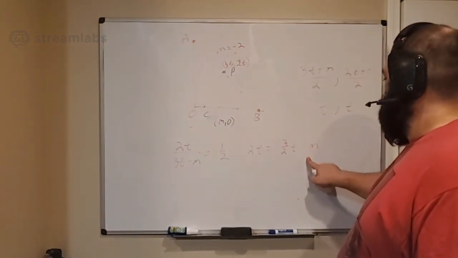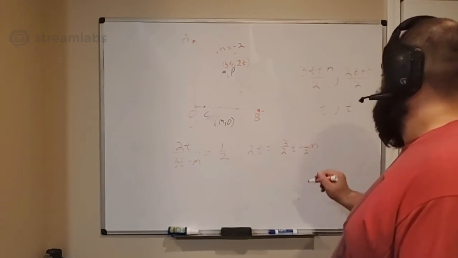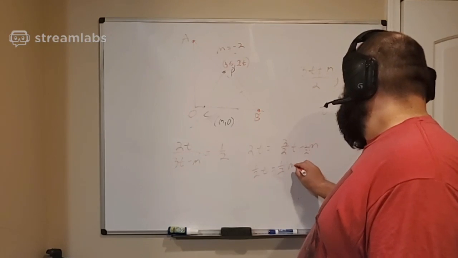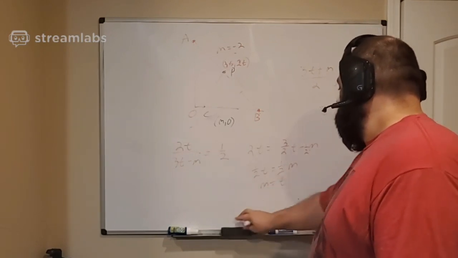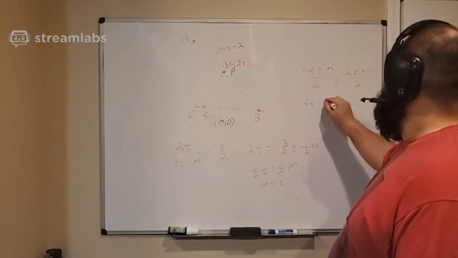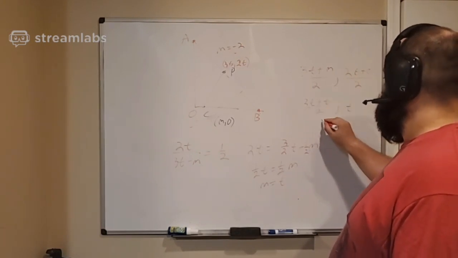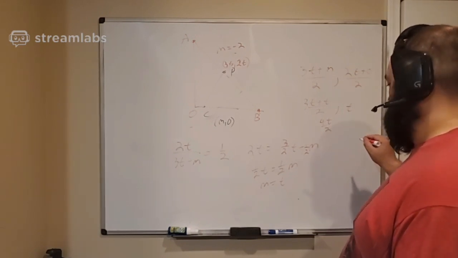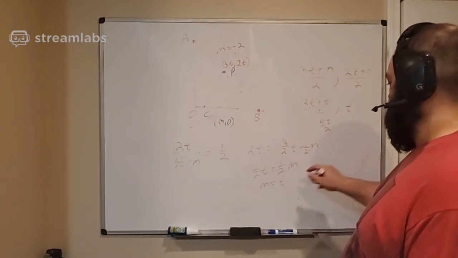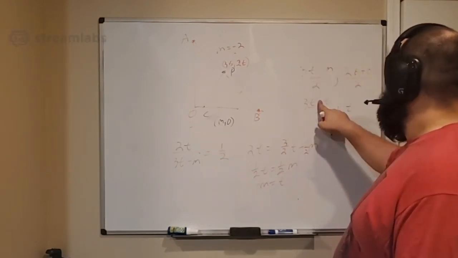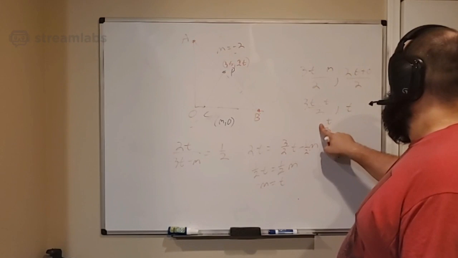So you get 1 half t equals 1 half m. M equals t. So then you get 3t plus t over 2, which is 4t over 2. Oh, negative. Bad algebra mistakes. Please don't make them. T comma t. Therefore, it's on line y equals x. Done.